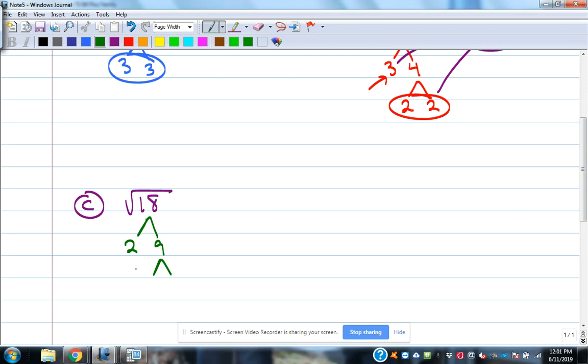I'm going to break it down. 9 is 3 times 3. Hey, there's a pair. Those are prime numbers, so I know I'm done. And I got a pair of 3s. So that's a 3 on the outside. This 2 does not have a partner, so he goes back on the inside. 3 square root of 2.